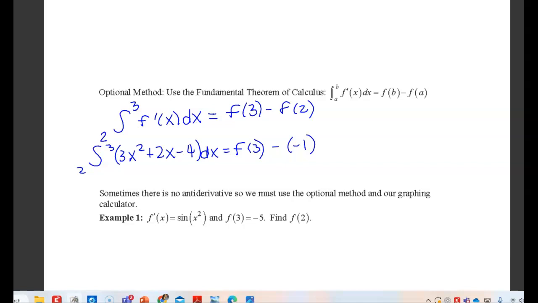So I would rearrange my terms, take my antiderivative, or integrate that integral from 2 to 3. So 3x squared becomes x cubed over 3. So my 3's cancel. 2x becomes x squared over 2. So my 2's cancel.